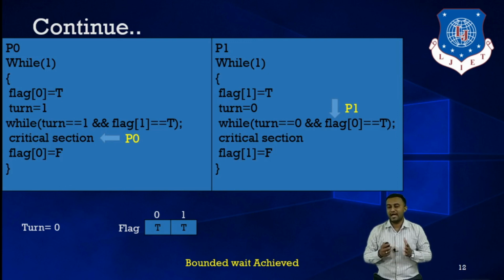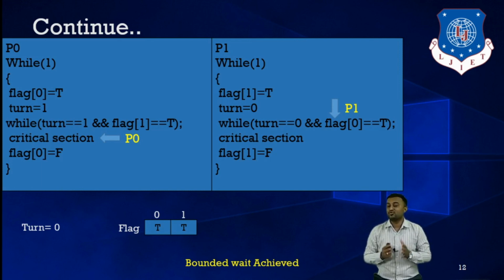So with the help of the Peterson solution, we can achieve all the criteria of the critical section problem in process synchronization. But there is one limitation. This solution is limited to two processes only. When we have more than two processes, or n number of processes, this solution will fail.